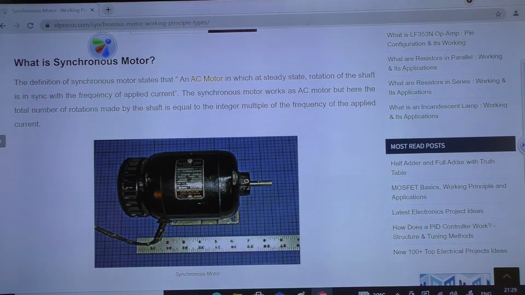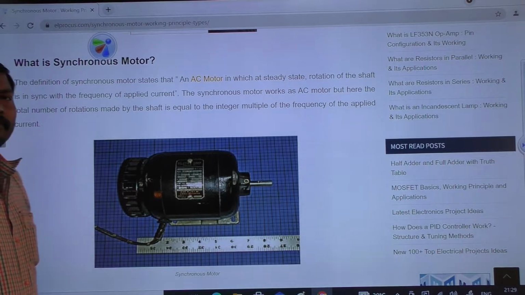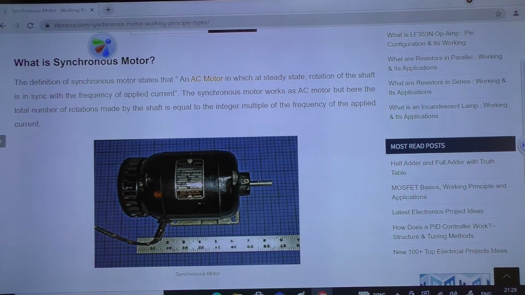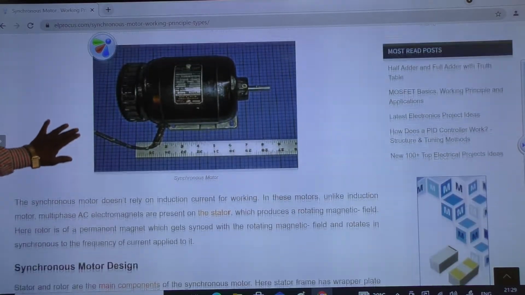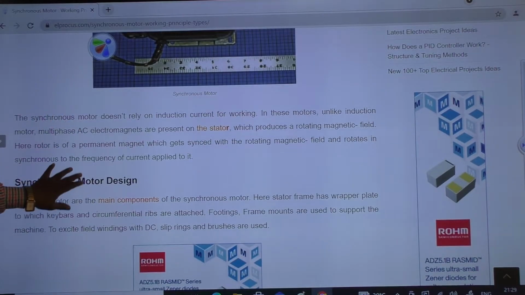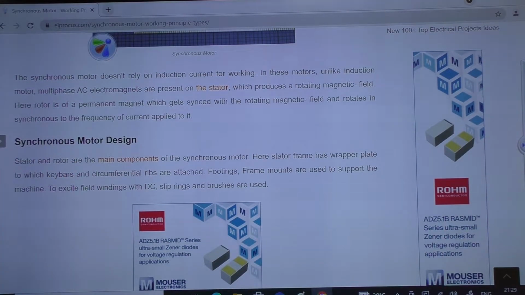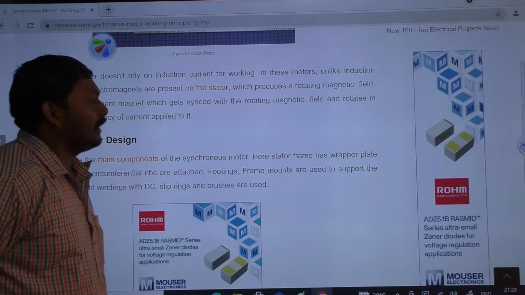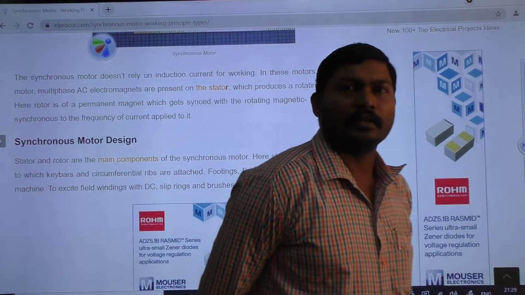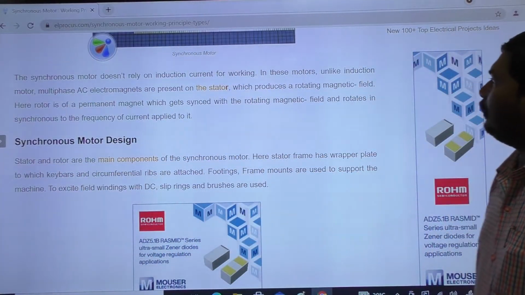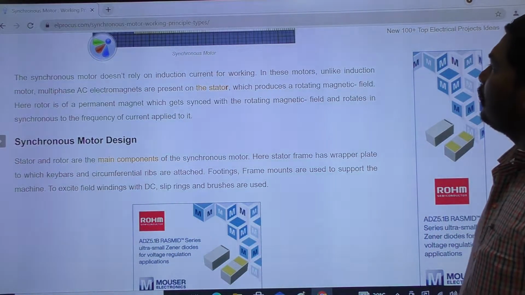The synchronous motor works as an AC motor, but here the number of rotations made by the shaft is equal to an integer multiple of the frequency of the applied current. The synchronous motor does not rely on induction current for working, as we have discussed just a moment ago. So it does not depend upon the induction current for working.